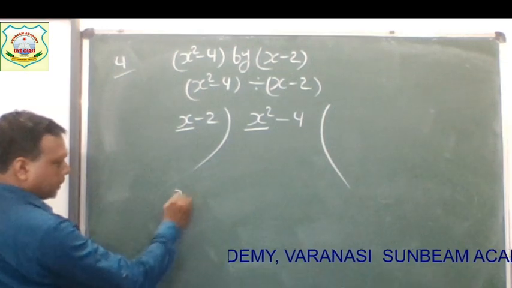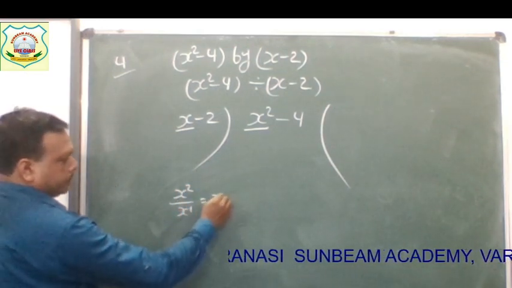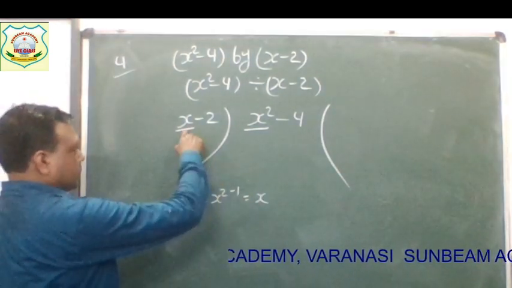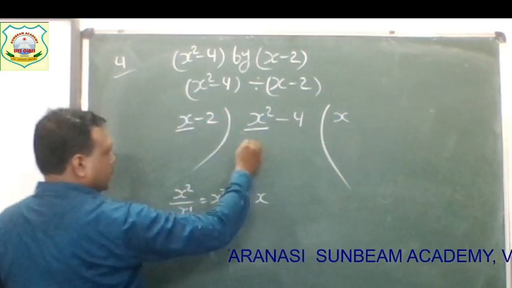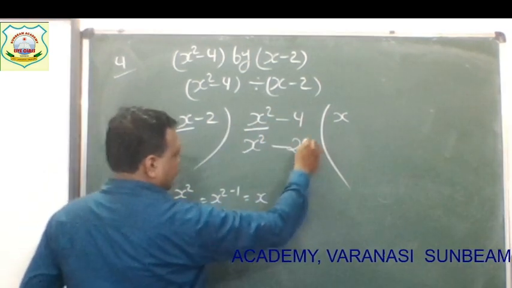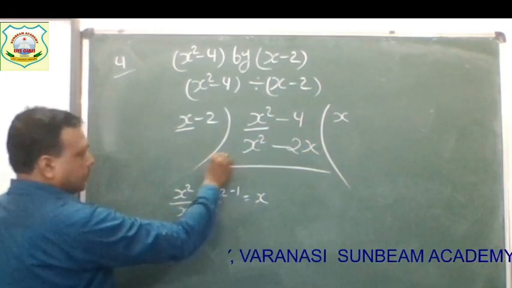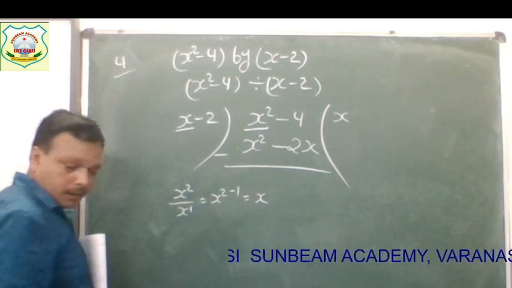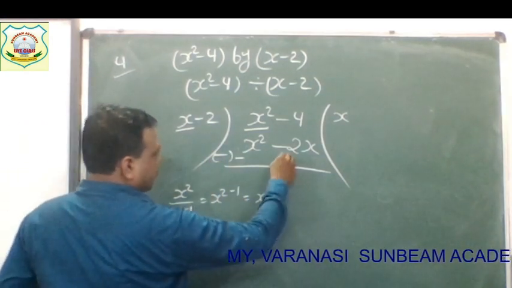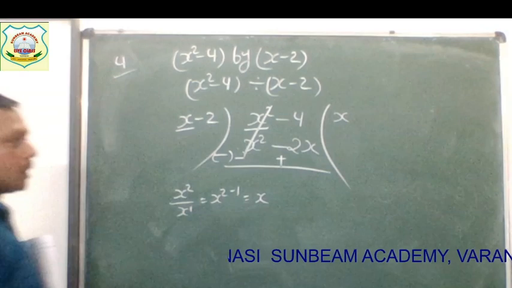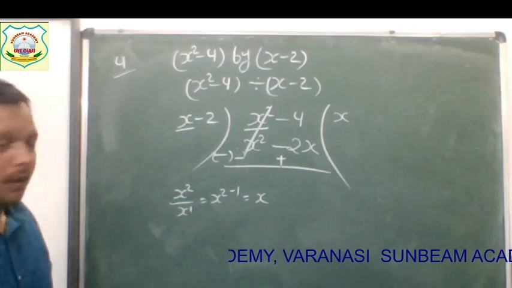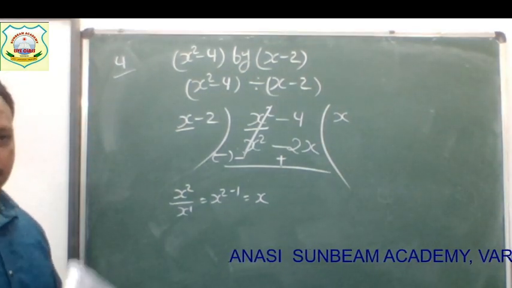Like the previous question, what has come? x power 1, that is x. x into x, now x we will write here, x into x, x square, minus x into 2, 2x. There we go to minus, so it will be minus, here will be plus. There is no term of x here. You can see here. Then how will we solve? This is different from the previous question.